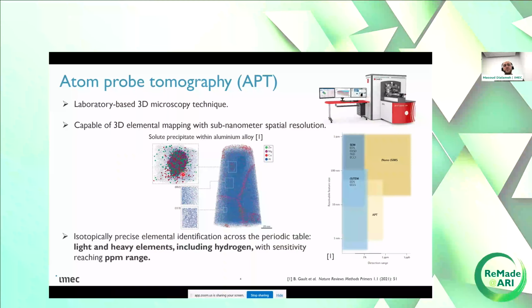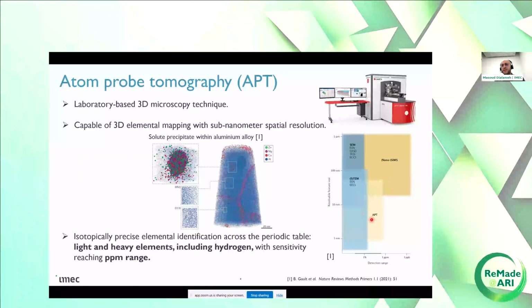But what makes atom probe special? It's a combination of sub-nanometer or nanometer spatial resolution with a very high detection sensitivity. Atom probe is isotopically precise in determining different elements, from very light elements starting from hydrogen to heavy elements, in theory the entire periodic table.